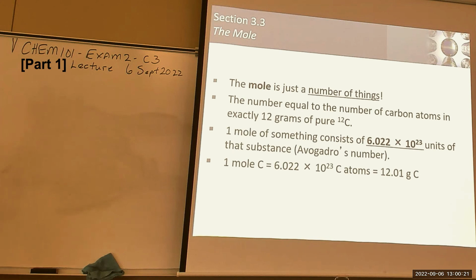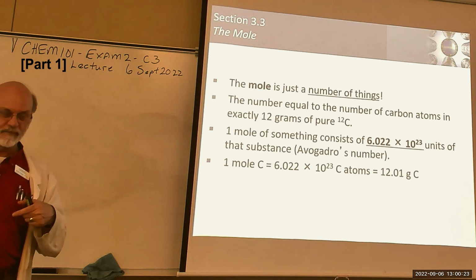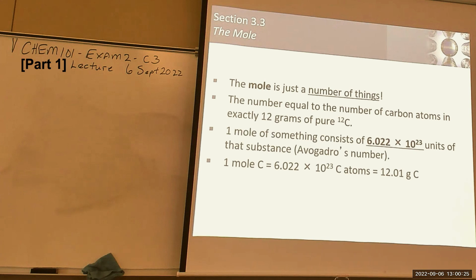And that's the one we want to use. Atomic mass units, you can almost forget about them, except remember it for the test. But for practical purposes, that number is the mass of 1 mole of those atoms. Okay?